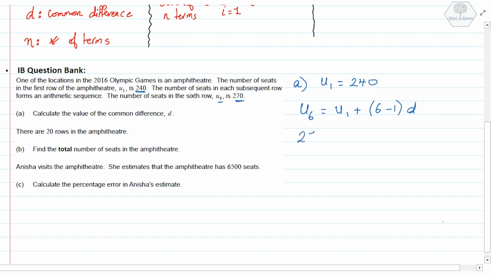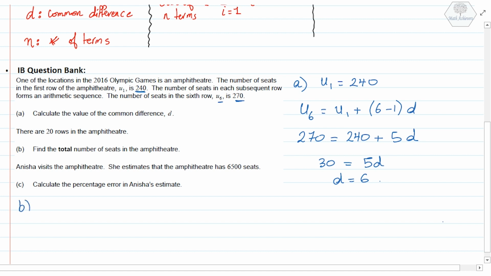I have 270 is equal to U1, which is 240, plus 6 minus 1, which is 5, times D. So now I'll be having 5D is equal to, taking the 240 to the left, 30, having the value of D equal to 6. So by this, we could find the value of D.